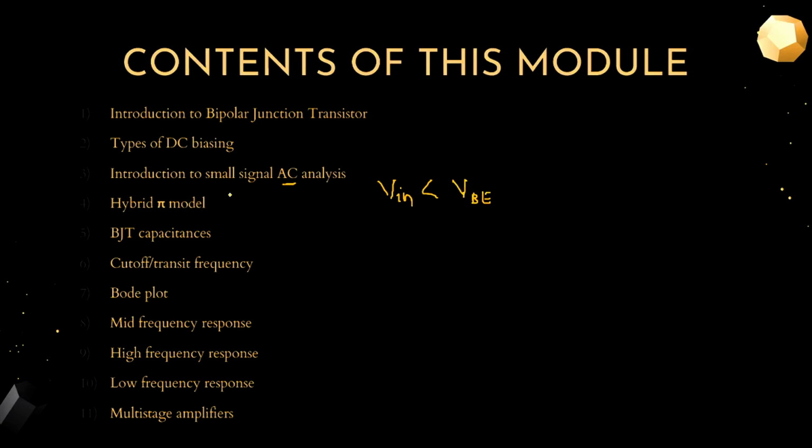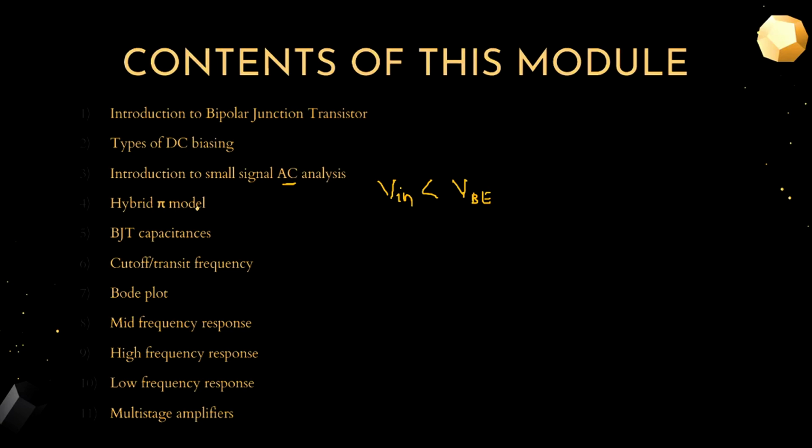And since AC circuits tend to get a little complicated because of the presence of various capacitances in them, we use a model called the hybrid pi model, which is basically a combination of various circuit simplifying techniques. Using this hybrid pi model, we simplify our AC circuit so that we can analyze what the voltage gain actually is. And like I said, an AC circuit is pretty complicated because of the presence of various capacitances.